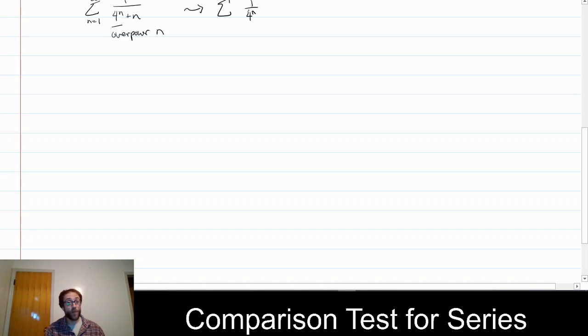A side note, if we wanted to use the integral comparison test on this, we can't. Because if we tried to integrate 1 over 4 to the x plus x, there's no simple integral, and if we want to integrate it, we first have to look at a series expansion, which we will get to in a few videos.